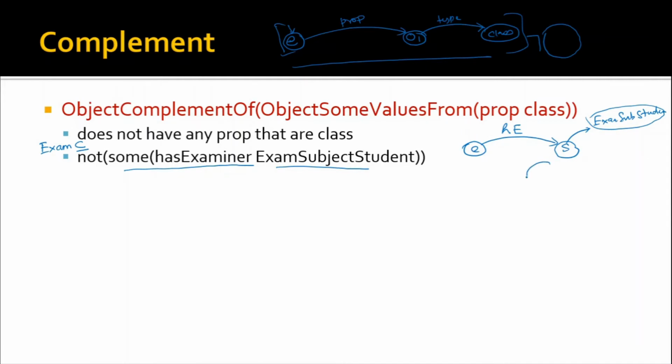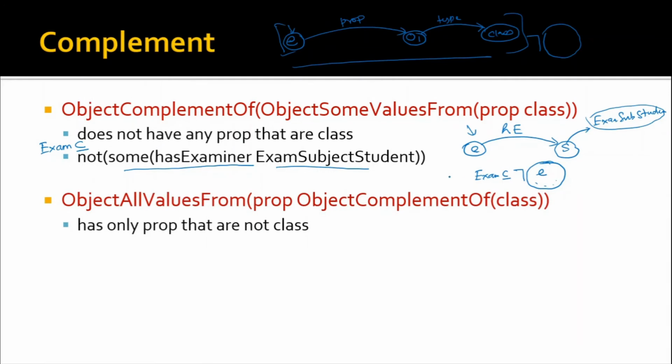You take the class of this anonymous class expression to be all the entities like this. If you put them together, they will form a class, and your exam is basically a subclass of, or a subset of, the complement of this class, right? Where you do not have examiners that are students who are appearing for the subject, right?